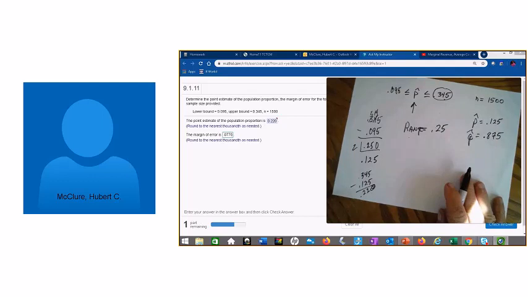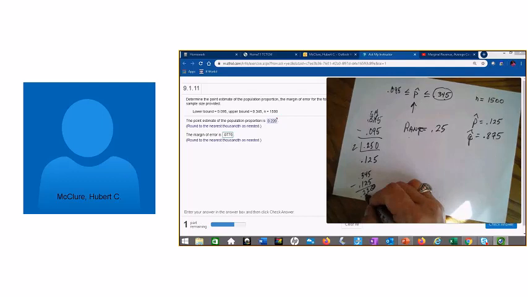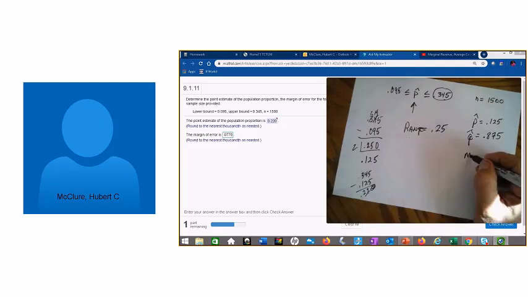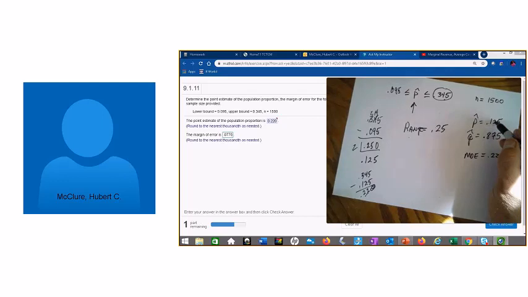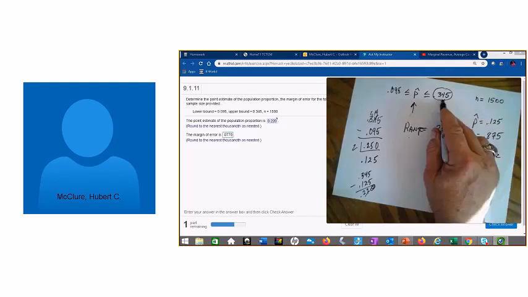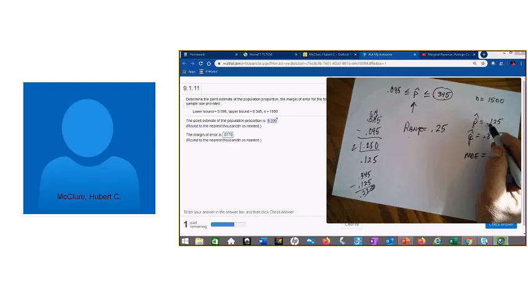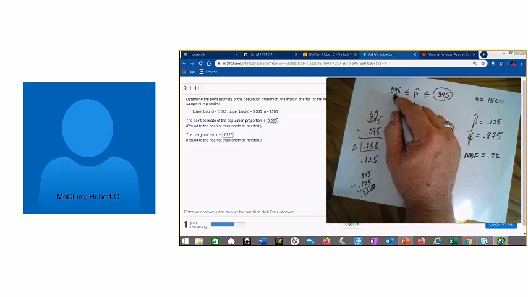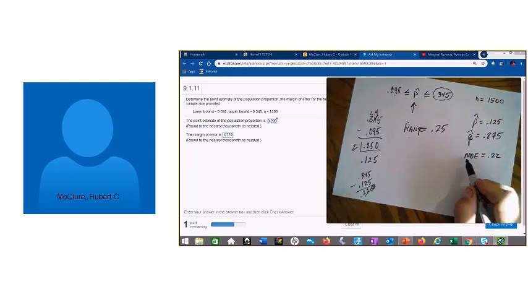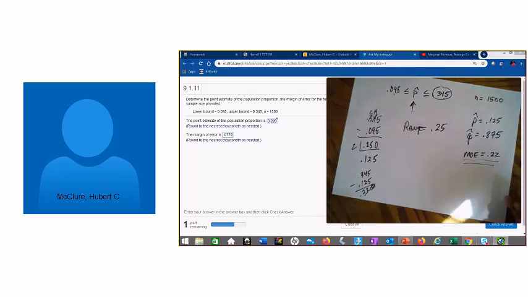Should be 0.225, but so that is your margin of error. What is 0.13 plus 0.22? 0.35. What is 0.13 minus 0.22? Right there. So I've just found my margin of error and my p hat, and all I did was find the range.